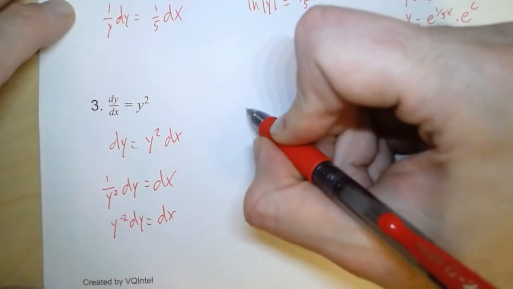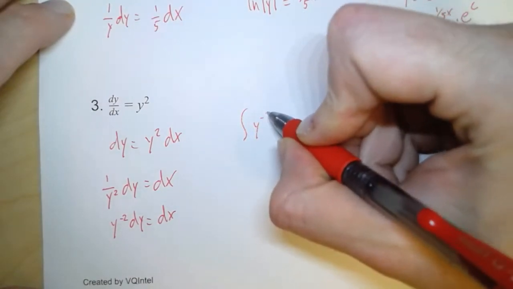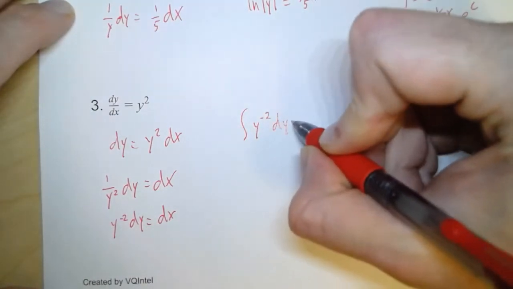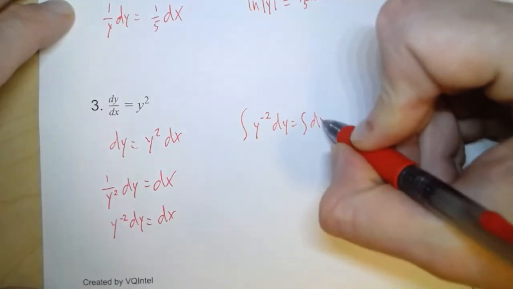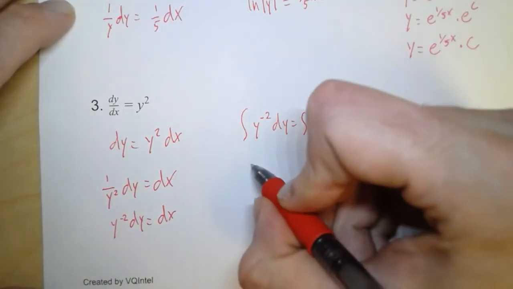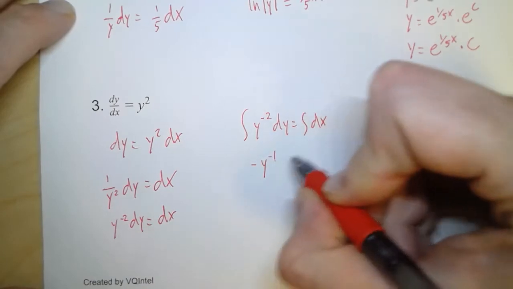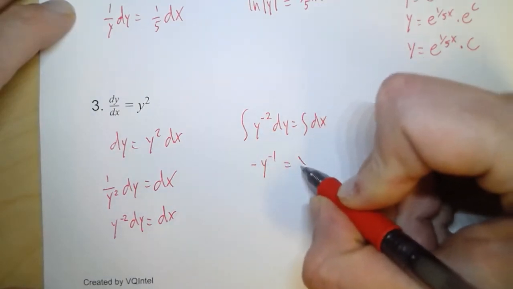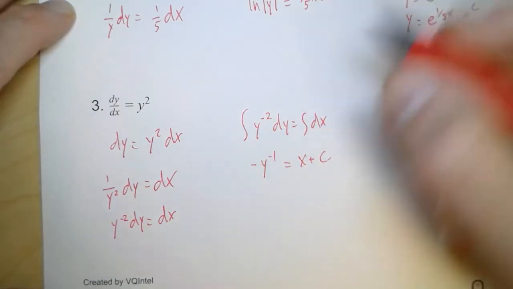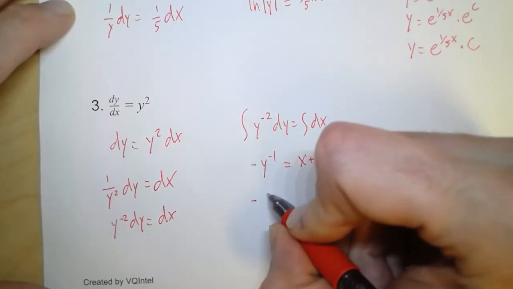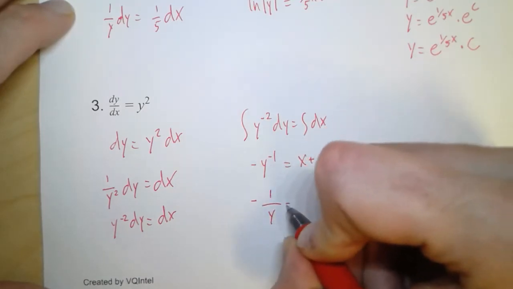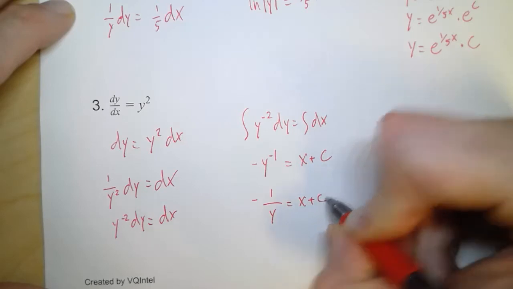So now we integrate. The integral of y to the negative 2 dy equals the integral of dx. So this is going to become negative y to the negative 1 equals x plus c, and I'll write this as negative 1 over y equals x plus c.